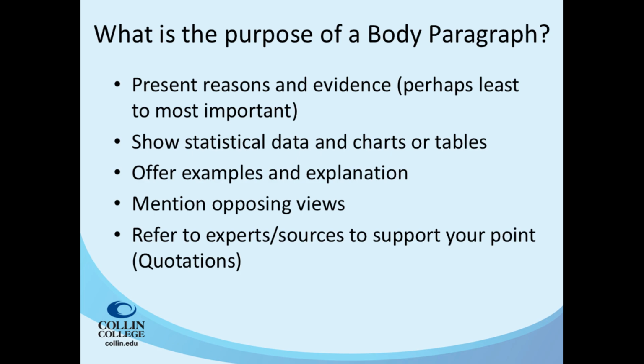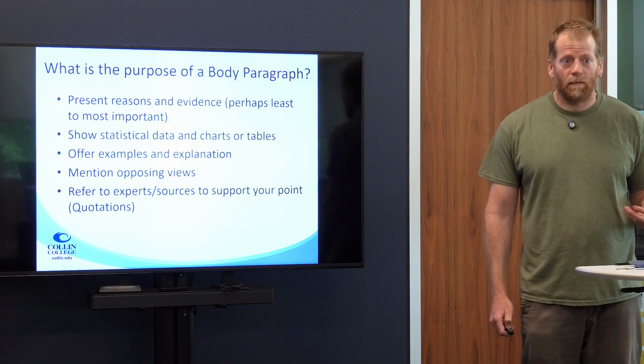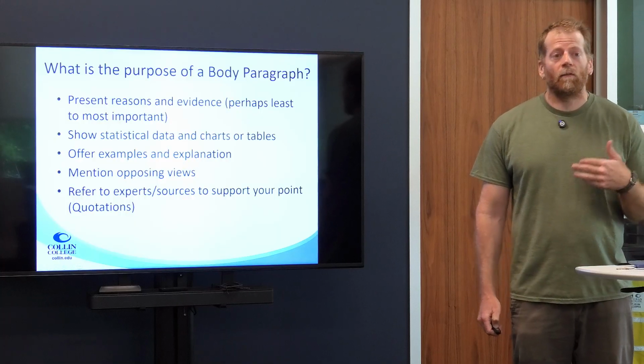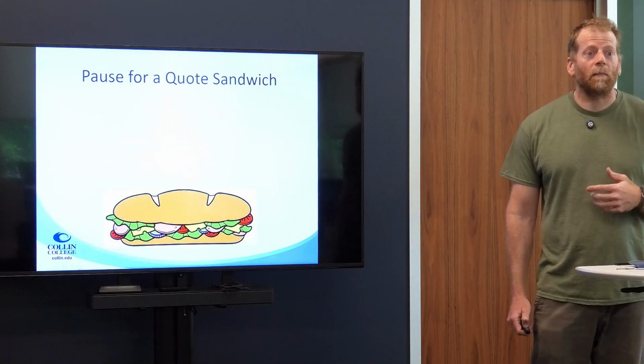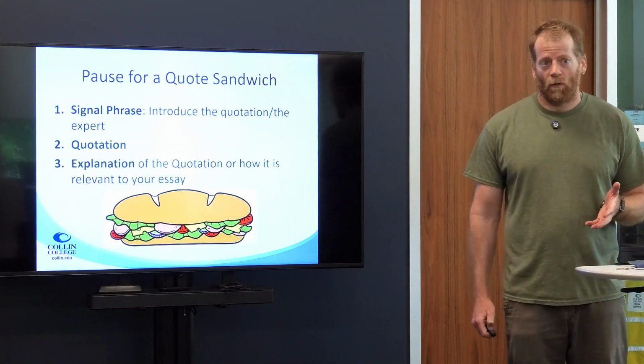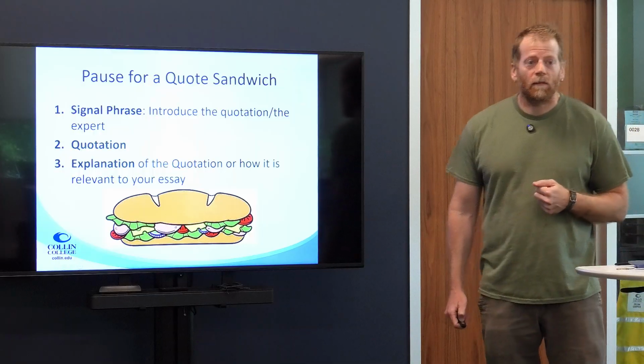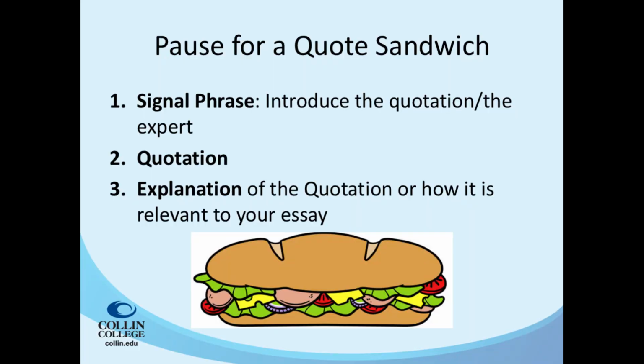When we're putting in source information like data and statistics or quotations from some of our sources, it's a good idea to incorporate them in a way that is readable for your audience. And one way is to use a quote sandwich. This is where we introduce our source using a signal phrase. Tell us who your source is, maybe tell us why your source is an expert.